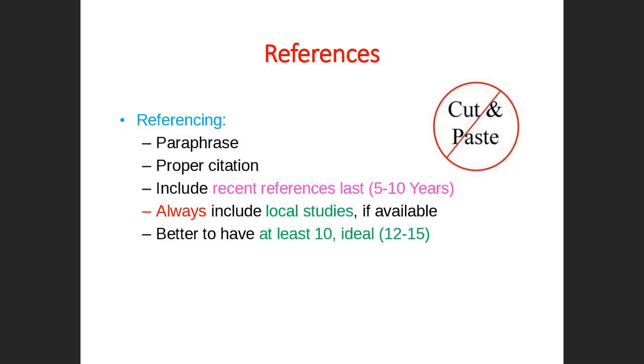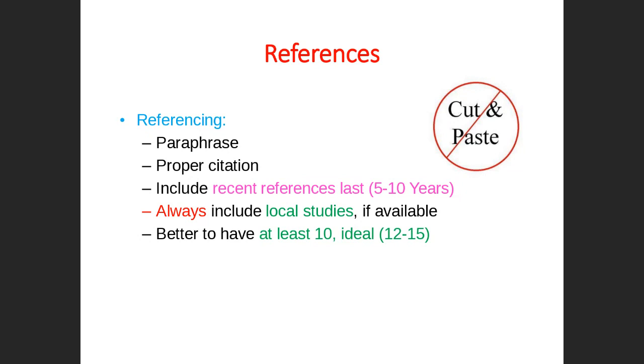Always include local studies. Many papers from students, sometimes when we do the review, we see they do a really great job looking at the global issue, examining it and mentioning it at the international level.